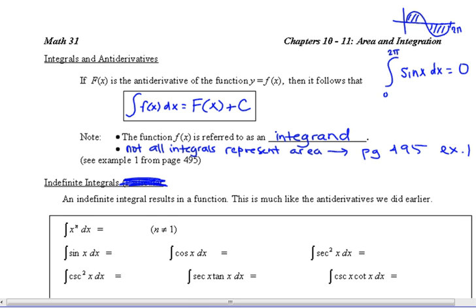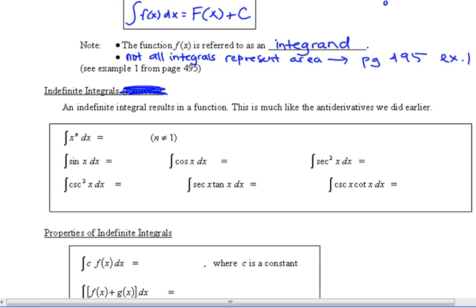Okay, so everything that applied before still applies. If we're finding the antiderivative, it's the same as when we find the derivative. So this dx here is, remember, we're doing the sum of length times width. So that width is our change of x. This is our f of x right there, f of x times dx, length times width.